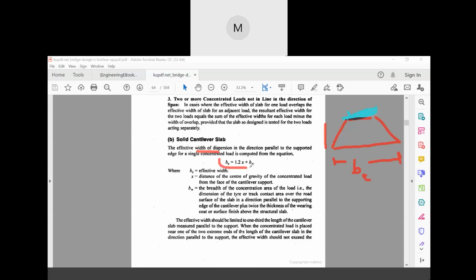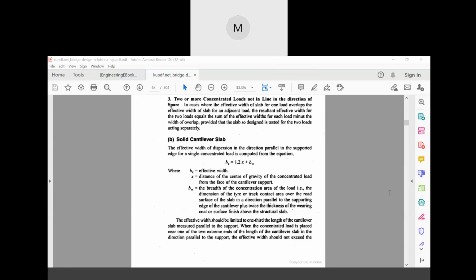Now for solid cantilever slabs, this is the value of BE. So now how will you find out this one? This is how it is being found out. So these are the different criteria.